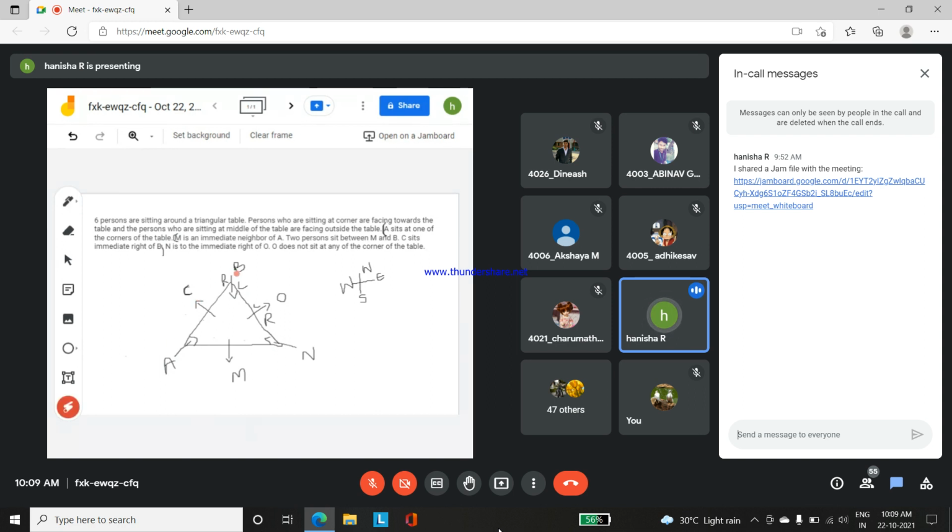Starting from B in the clockwise direction: B, O, N, M, A, C. Three of them are facing outside, three of them are facing inside.